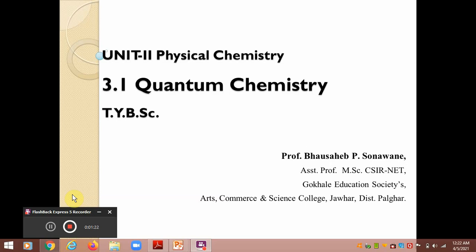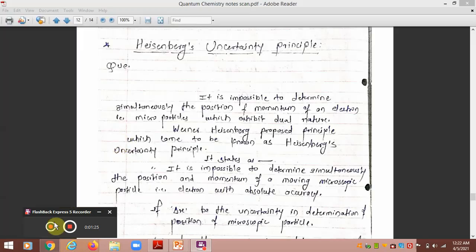Dear friends, the Heisenberg uncertainty principle is given by Werner Heisenberg. This principle is applicable to subatomic particles like electrons, which are always in a state of motion.